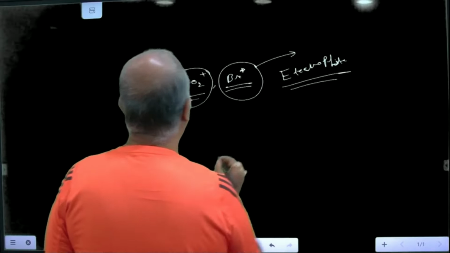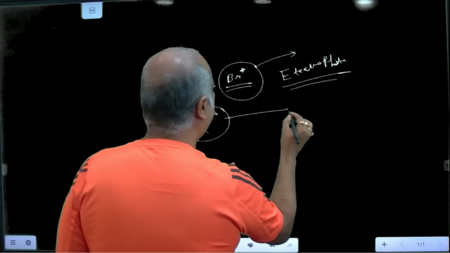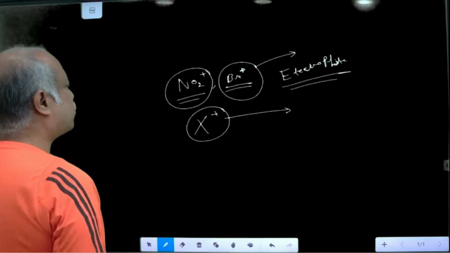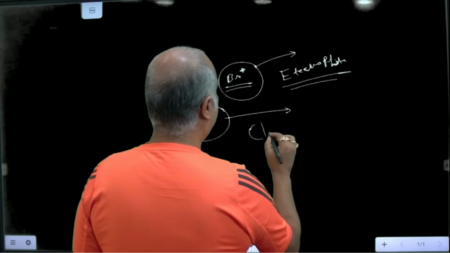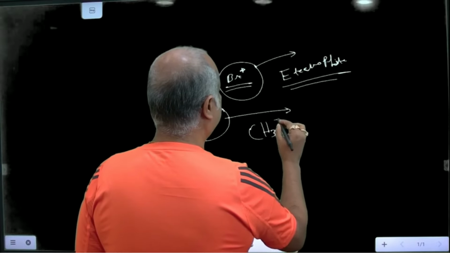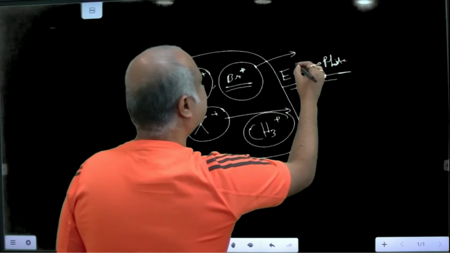Any positively charged species, just like X plus, the halonium ion, NO2 plus, or a carbocation like CH3 plus, acts as the electrophile.